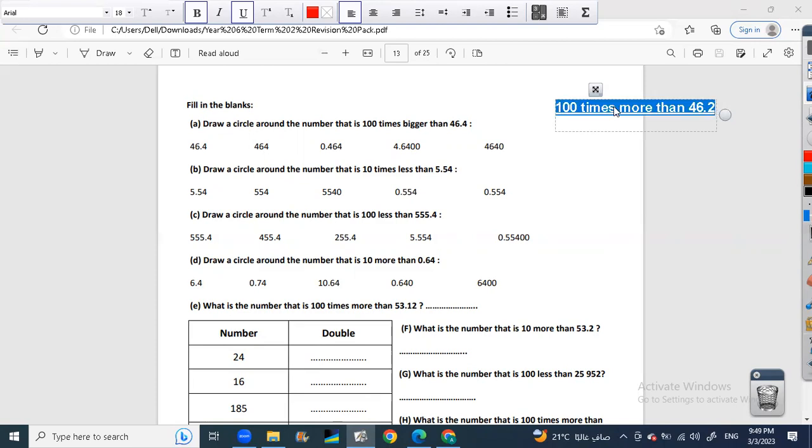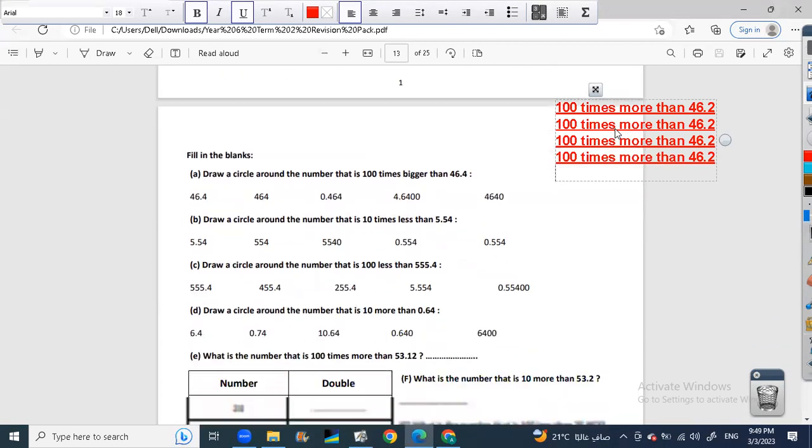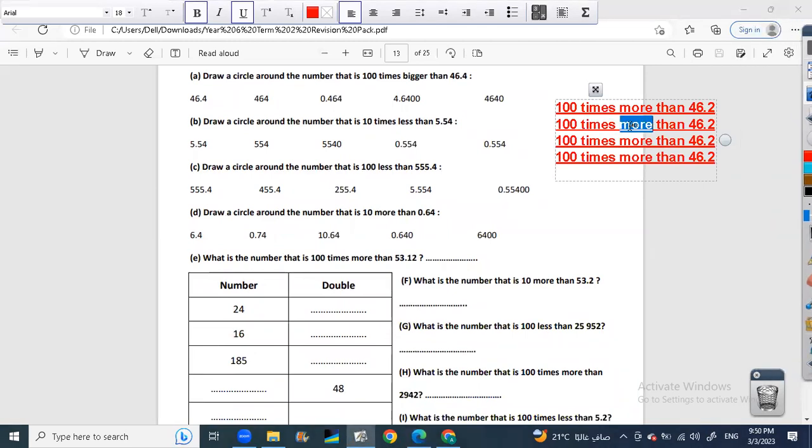And I got the same thing over here. I'm going to say 100 more than 46.2. And I got another thing, which is 100 times less. And here, 100 less than 46.2.